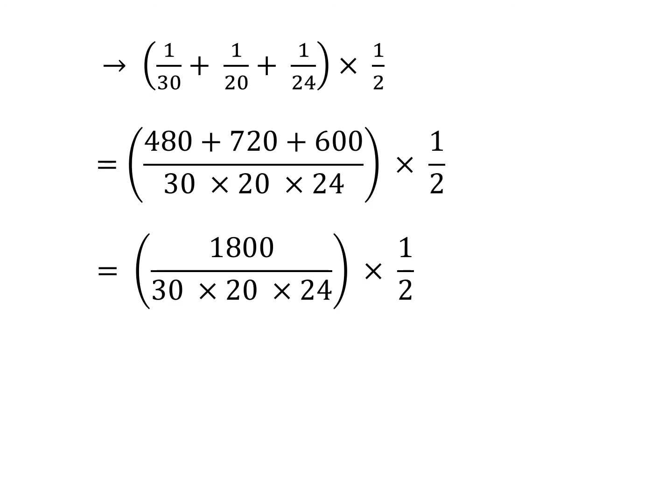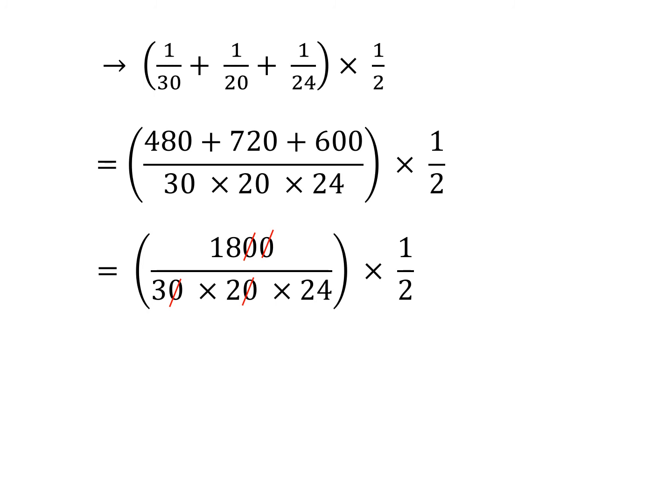That means we cut the 0 of the denominator and the 0 of 1800. Then we divide 180 by 10, that is 18, and 30 by 10, that is 3.